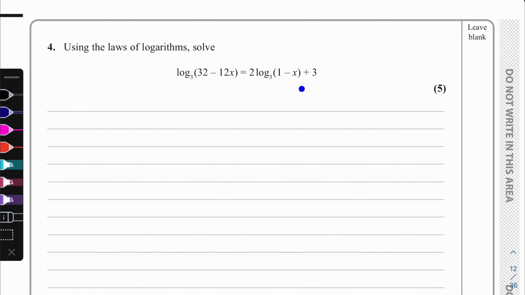So what should we do here? Let's look at what we have here. We have the same base here and here. And we can see that 3 does not have the same base. So what should we do?